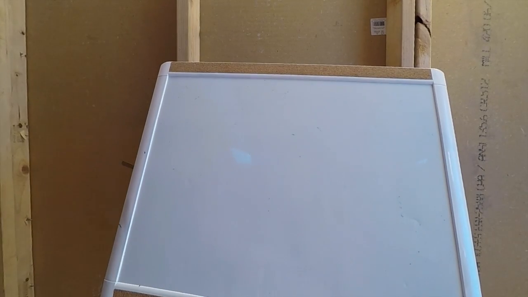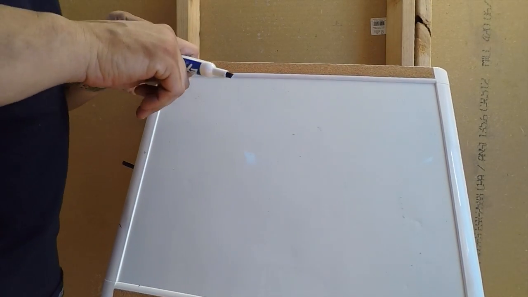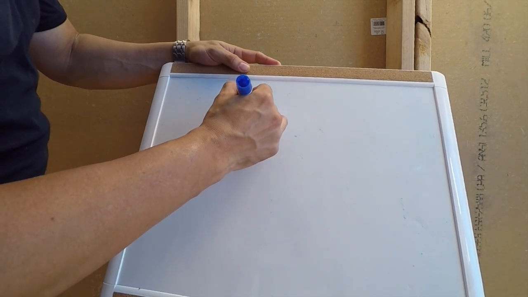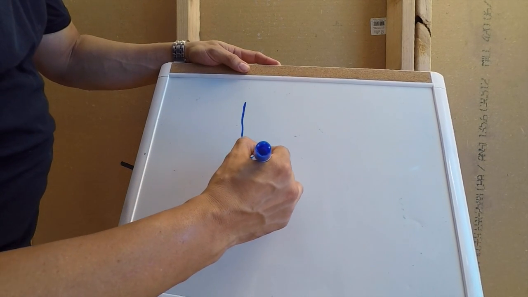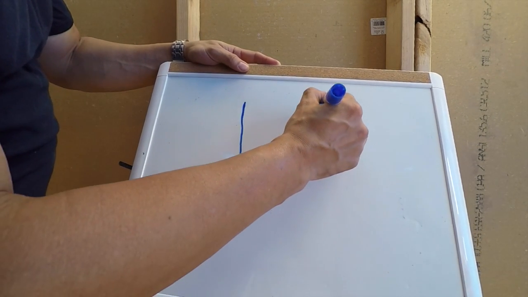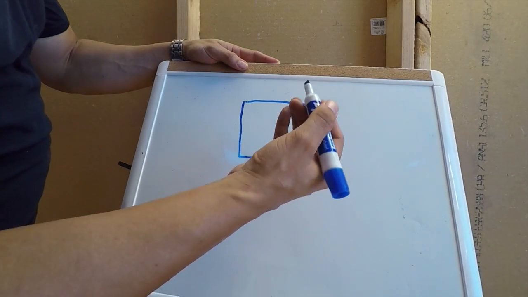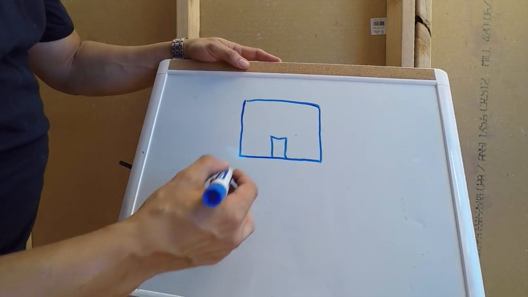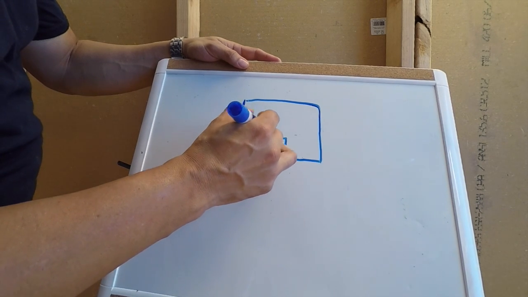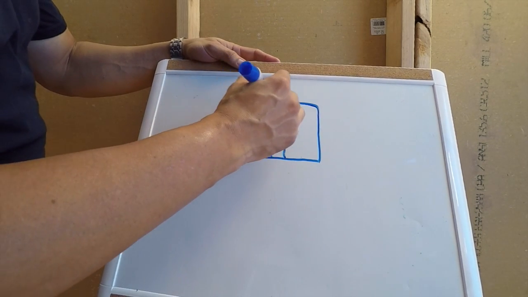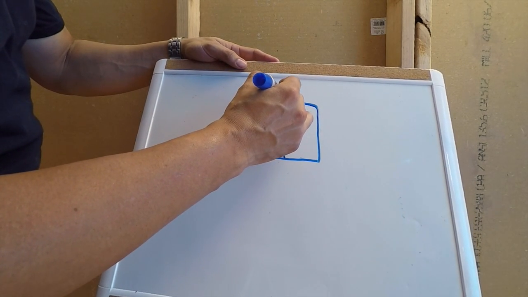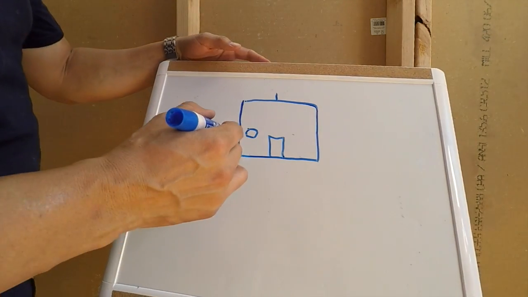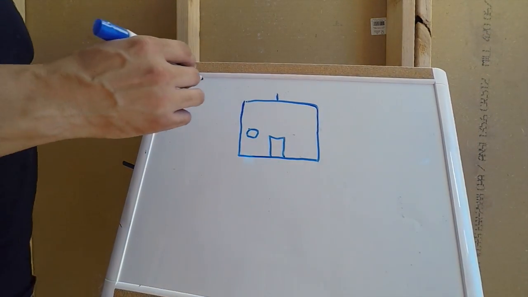One thing that you have to remember is the difference between a ridge board and a ridge beam. Here again is your shed, your house. Let's look at this as being the front. Here's a little door, little window, and we are going to go ahead and figure out, obviously, this is your ridge board, okay?